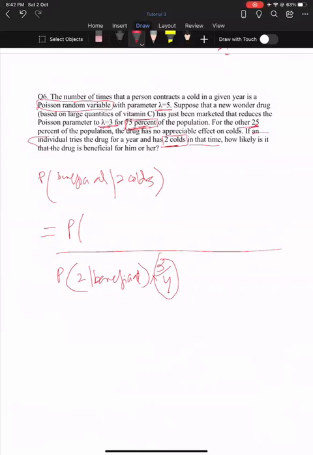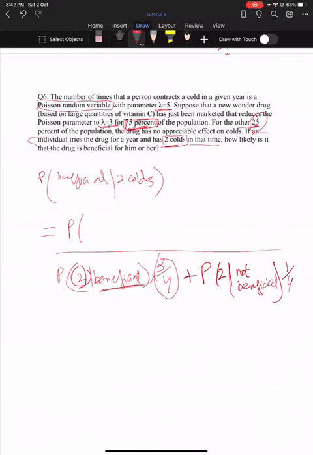It's mentioned here that for 75% of the population the drug was beneficial. And then for the other 25% of the population, they could also have had 2 colds, but the drug was not beneficial and had no effect. So that's for the 25% of the population, which is 1/4.